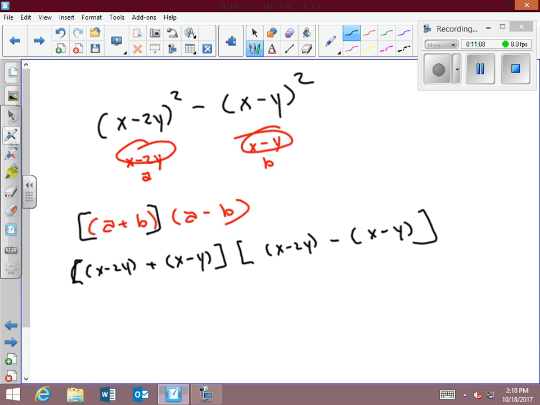Now if I drop my brackets, notice the signs don't change on the first one. So what do I have? 2x minus 3y, is that right? Then the second one, now I better do a little bit to this, otherwise I'll make a mess of it. X minus 2y, and that minus sign in front of there means I changed the signs. A minus x plus y, is that right?